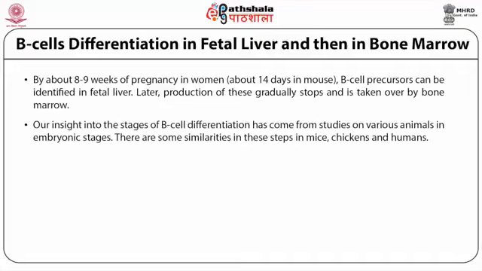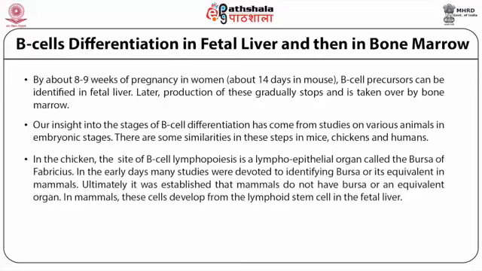As we pointed out, in the chicken, the site of B cell lymphopoiesis is a lymphoepithelial organ called the bursa of Fabricius. In the early days, many studies were devoted to identifying bursa or its equivalent in mammals. Ultimately, it was established that mammals do not have bursa or an equivalent organ.